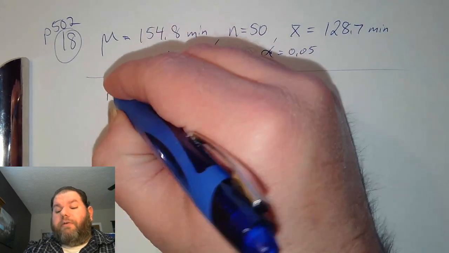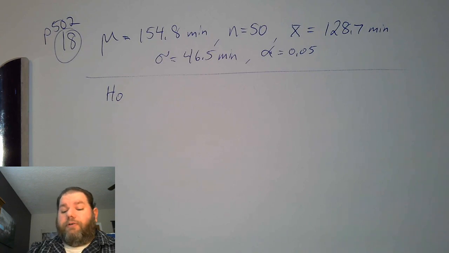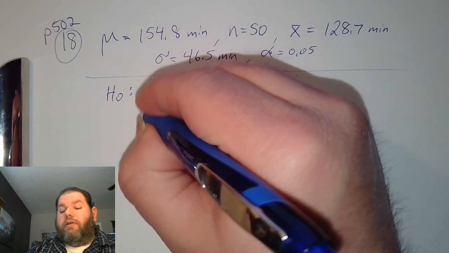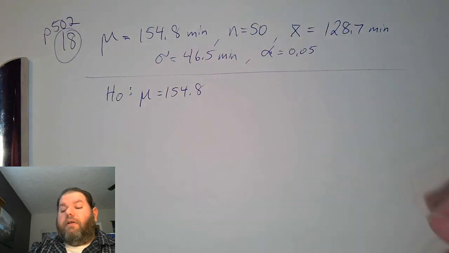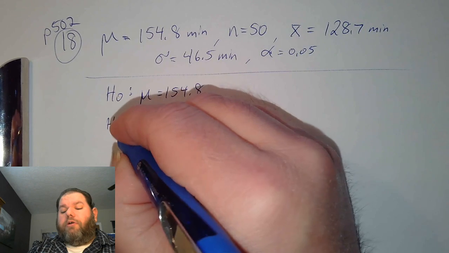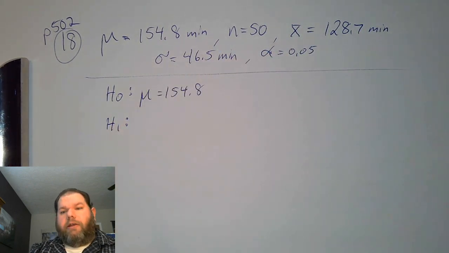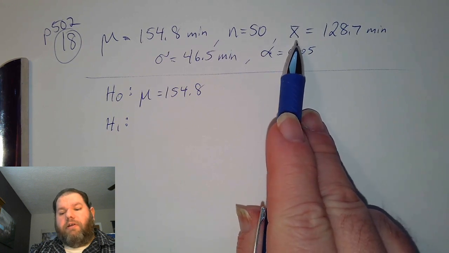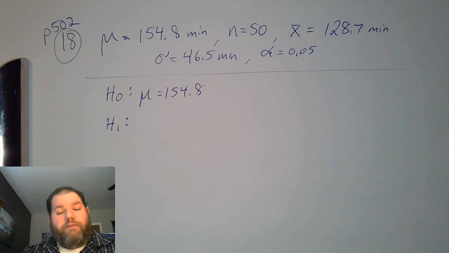So we begin with our hypothesis statements. For H naught, we just state what mu is equal to. So mu is equal to 154.8. Now, for our alternative hypothesis, what kind of claim can we make based on our sample mean? Do we think mu is going to be larger or smaller than 154.8?